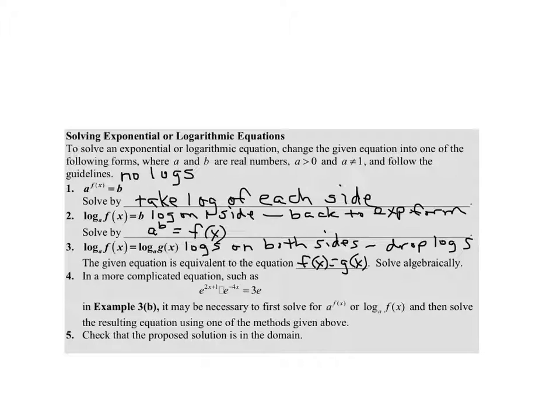If we have something that's a little more complicated, and by the way, this should be a dot instead of that box that you see there, if we have e raised to some power times e raised to another power, then we have to condense that and write it as a single expression before we apply any of these.